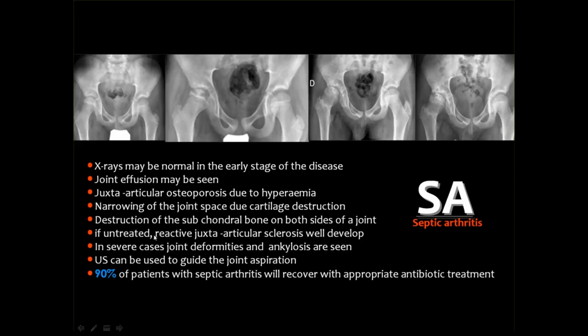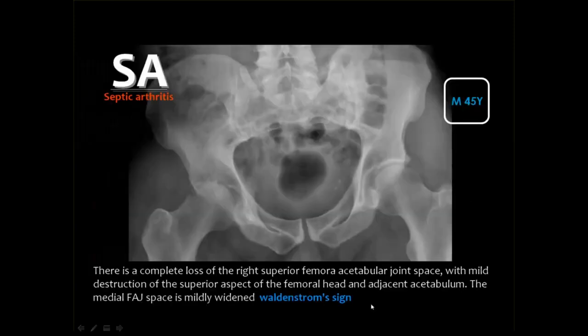Then if these changes are not treated, you get sclerosis of the joint surfaces, and finally you may end up with deformities and ankylosis of the joint. Sometimes you may use the ultrasound to aspirate some of the joint content for culture and sensitivity tests. 90% of the patients will recover with appropriate antibiotic therapy.